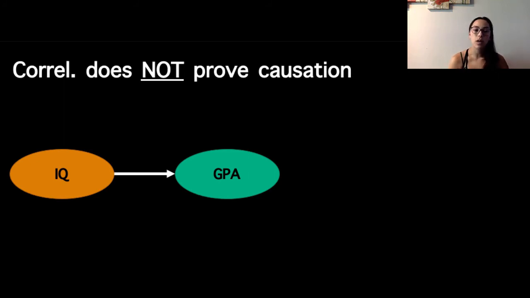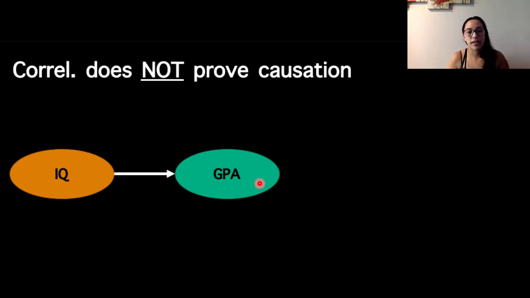I have some examples on this concept because it is quite important when you're interpreting results from a correlation. So I've chosen to have a variable IQ, and I want to see what its relationship is to GPA. Okay, so I feel like it's pretty reasonable to say that a person who has a higher IQ could potentially have a higher GPA, right?